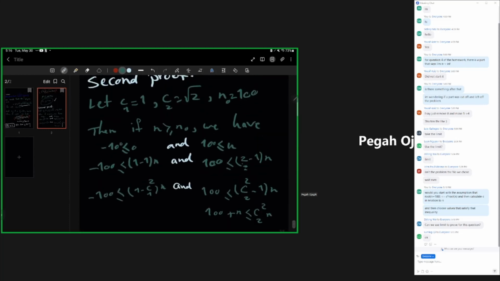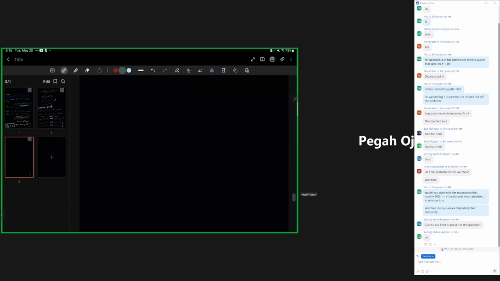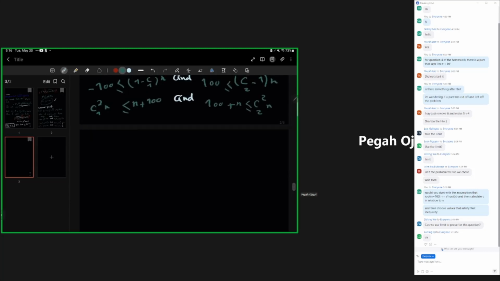So that's what I want. This is the first part, and here what I want is, let's bring 100 this side. It's going to be n plus 100. This one is going to be C squared n because I bring it this side. Now, if I do the square root, what's going to happen? I do have two things. Look at this one. If I keep going, here I do have 100 plus n.